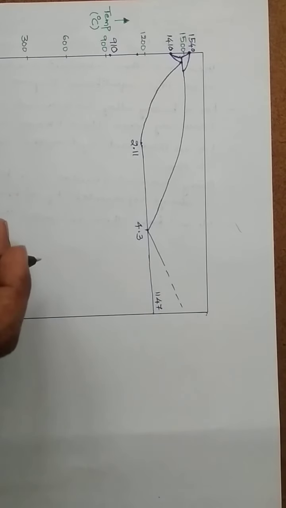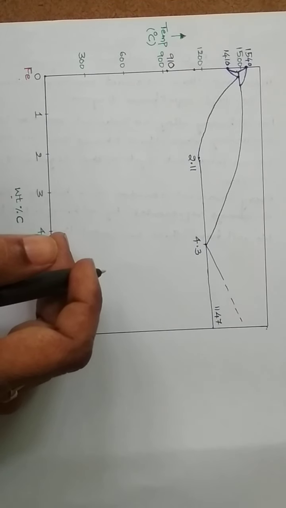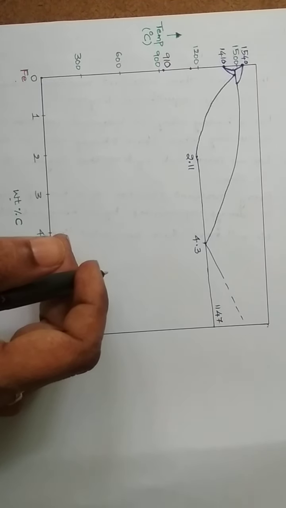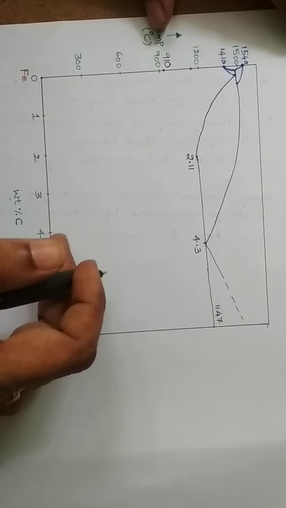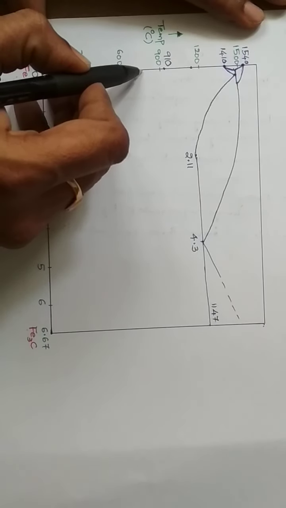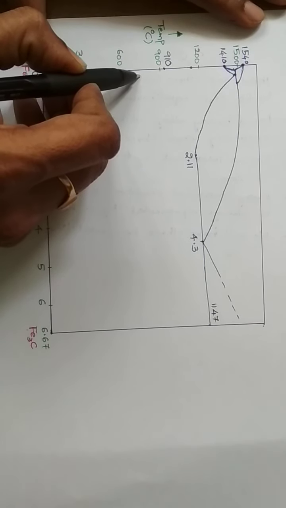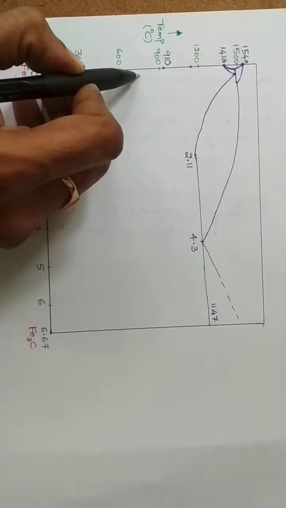The first invariant reaction was at 1494, the second invariant reaction was at 1147 degrees centigrade, and the third invariant reaction takes place at 727. 727 will be somewhere here, and it starts at 0.025.